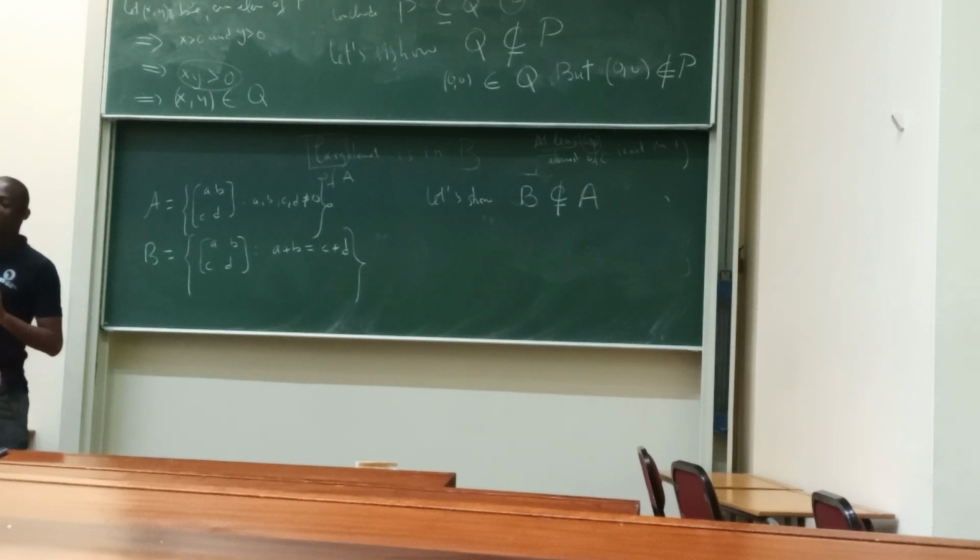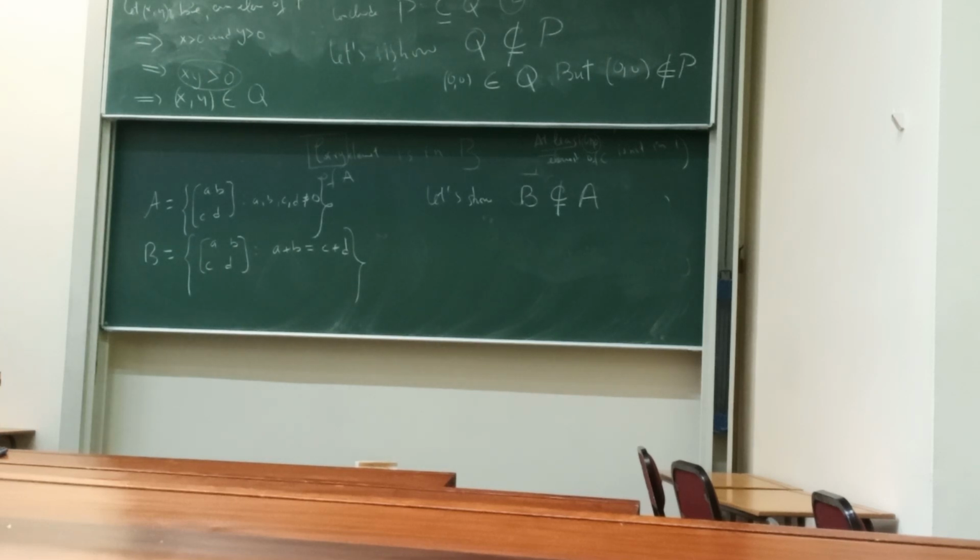I say an example of A, and you say a matrix with entries 1. Is it an element? Or a matrix with entries 0. Is it an element? No, it's not an element. You see, the matrix with 2 and 0 is an element of A.